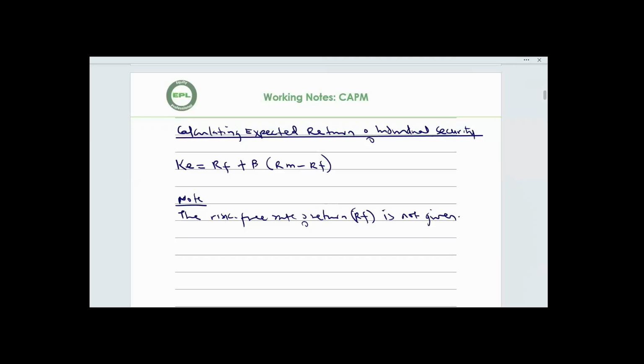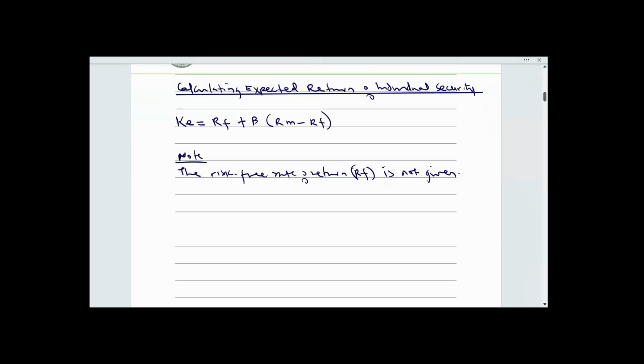However, it will be computed as the difference between the market return, RM, and the market risk premium.